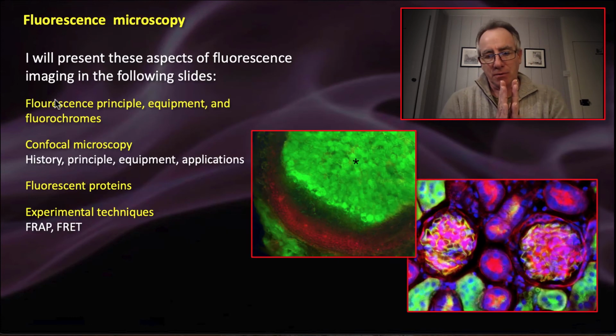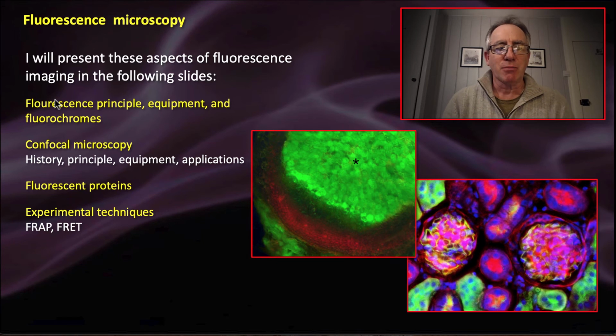When I gave a lecture about imaging right at the start of first year in the cell biology and genetics module, I talked about basic light microscopy, and I'm not going to do that again with you. I'm going to jump right to fluorescence microscopy because it's what we primarily use in research in cell biology.